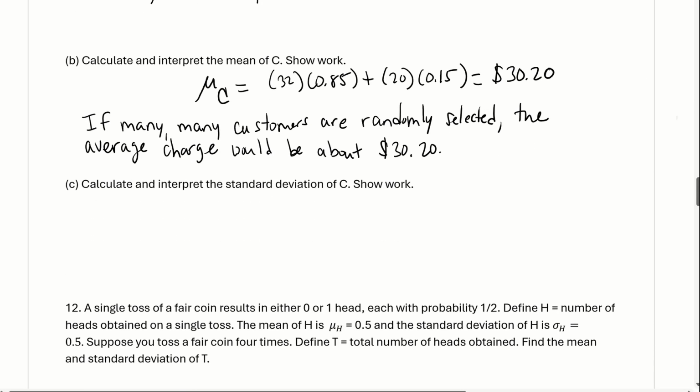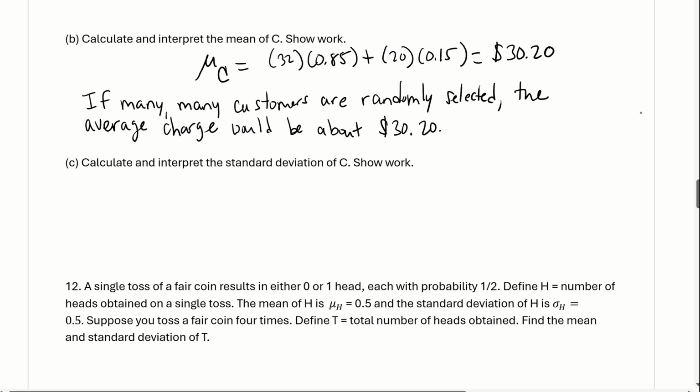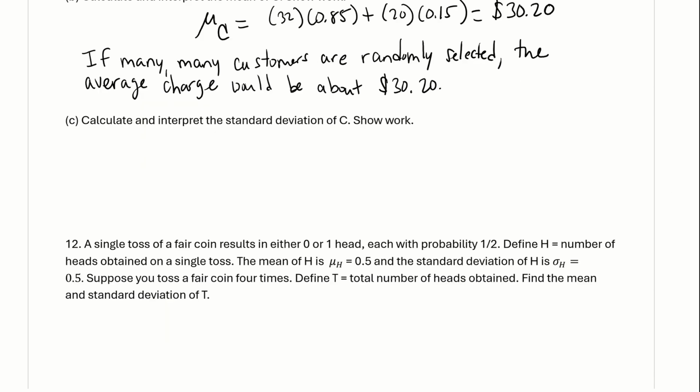Okay, so there's your interpretation. Remember, using the idea of if a lot of customers are randomly selected. You don't have to say many, but you say if a large amount of customers are randomly selected, the average charge would be about $30.20, something like that.